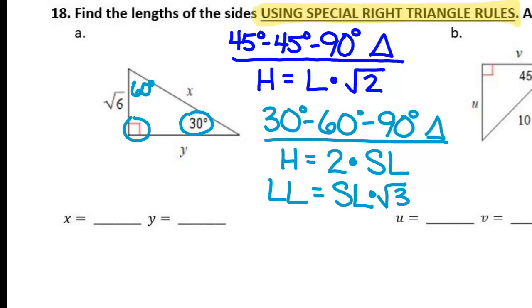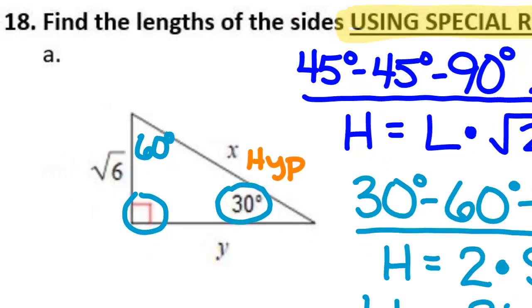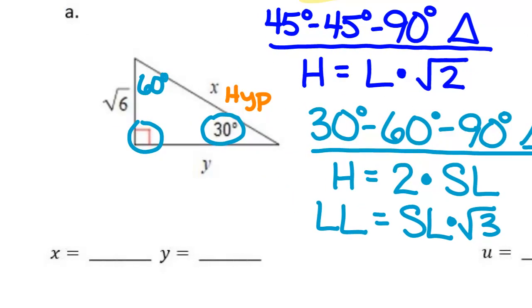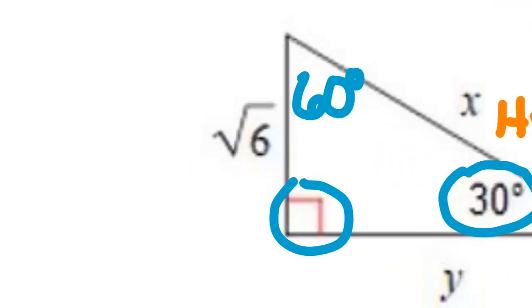Now I need to know what my sides are. Which side up here is the hypotenuse? X is the hypotenuse. And then we have short legs and long legs. Which of the remaining sides would be my short leg? Square root of 6, yes.